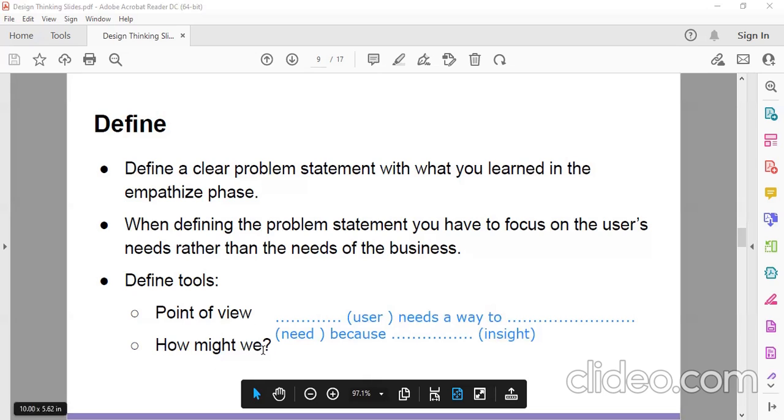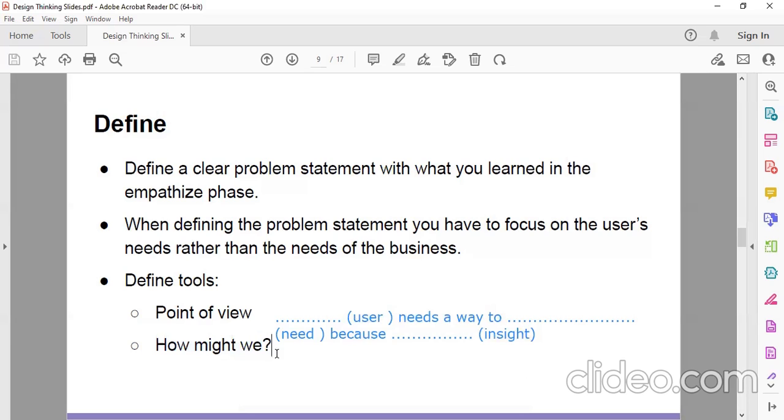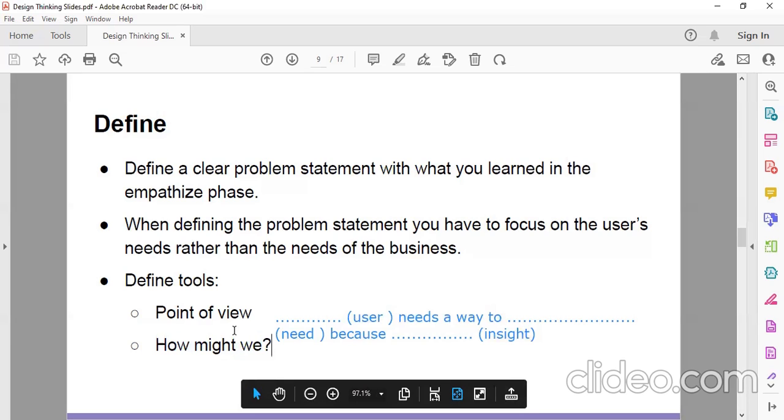You can ask the question that starts with the phrase how might we, and with that you will be defining the problem statement more, right? So you can research about this and find several examples on the internet. So that's about the define phase.